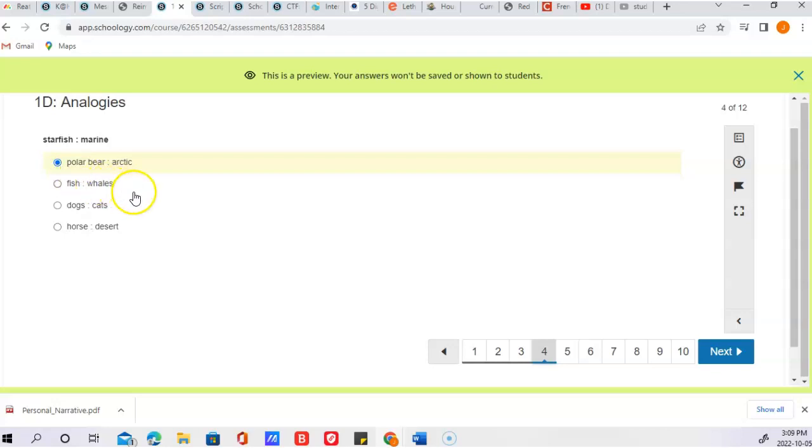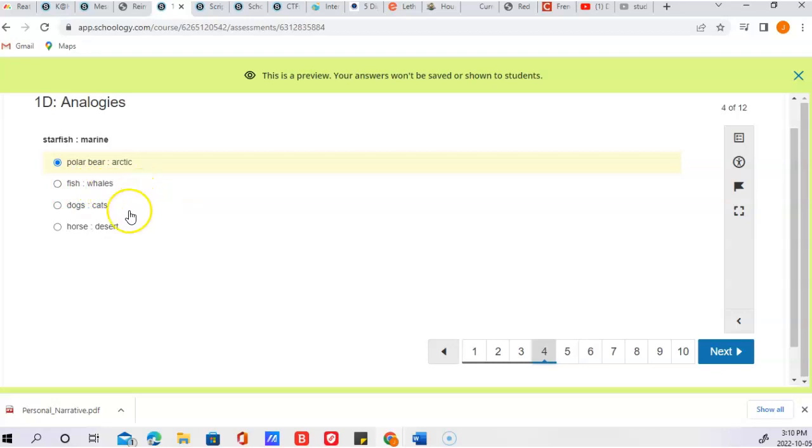But remember to always check all your options for analogies, because sometimes one will seem like it's the right one, but there'll be another one that once you look at it, you realize, oh, that one's better. So remember a sentence, a starfish is a marine animal. A fish is a whale's animal.